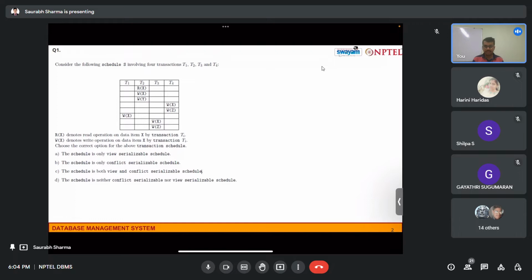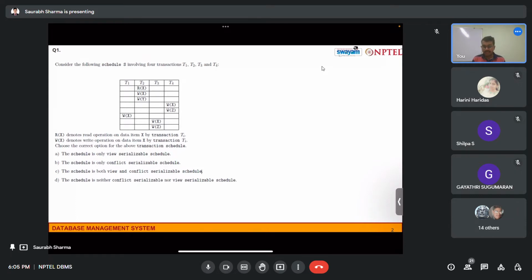If there is a loop, then it will not be conflict serializable. If there is no loop, then we can say it is conflict serializable. But if there is a loop, there is also a chance of serializability through the view serializable concept.